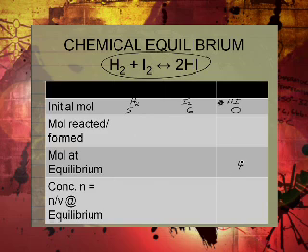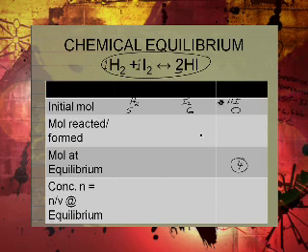If I've got 4 moles here, from my equation I can say the ratio is such that 1 mole of this will lead to the formation of 2 moles there, and 1 mole of this will also lead to the formation of 2 moles of HI. Now, if I've got 4 moles HI at equilibrium, how much of this must have reacted? H2 and I2 are always half of what HI is going to be.